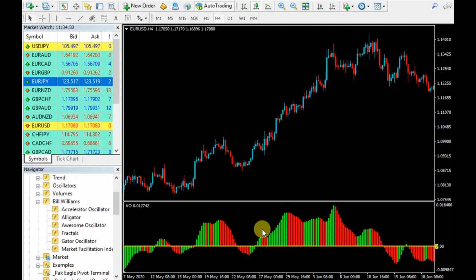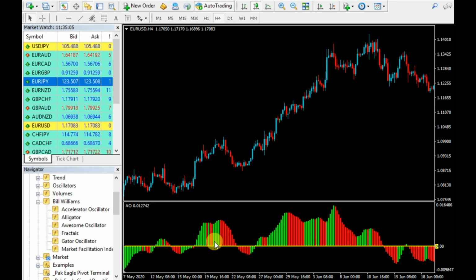I will explain this, but as of now it's just important to know how this awesome oscillator works. So it goes above yellow, it goes below yellow, so it's a fluctuating indicator. Anytime the green bars cross 0 and go above, we only go long, we go for buy trades. Whenever it goes below the yellow line, below 0, we always go short, we go for sell. So that's it from Bill Williams.